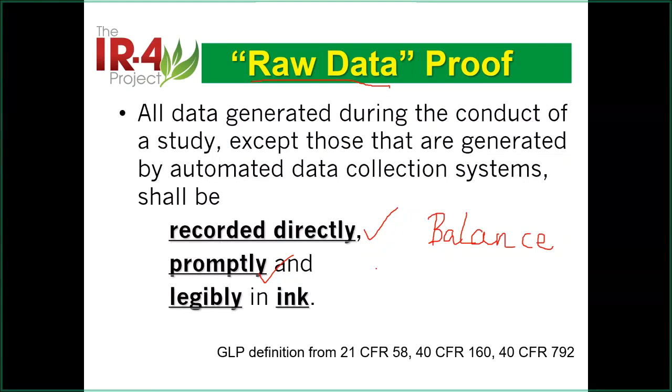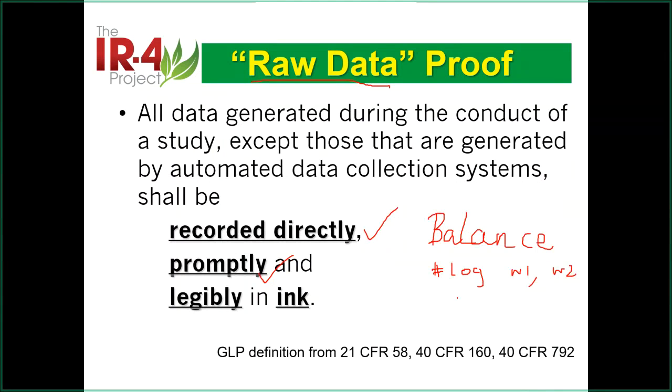For example, I showed you the balance log yesterday. What we write on the balance log is the raw data. When you use your lab note, and your log says this is weight 1 and this is weight 2 for your work, and you transcribe that data into your lab note, that is not raw, that is copied data.